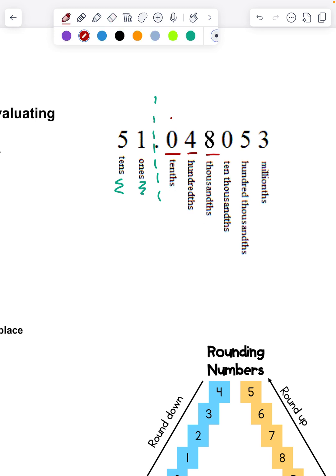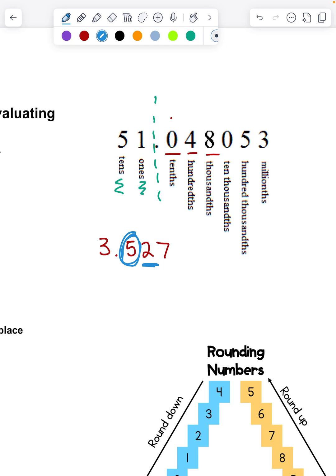When we are rounding, let's use 3.527. First, it will tell us which place we're rounding to. If we want to round to the tenths place, we're going to look at the number after it. Now here's the rule.